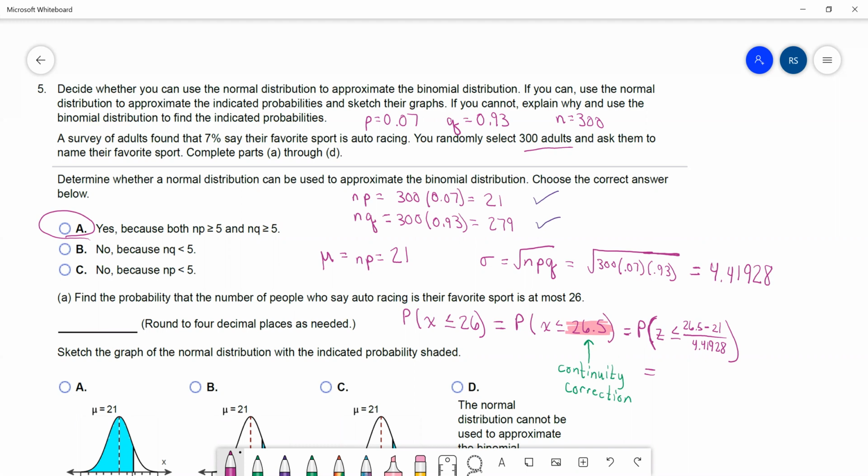So let's see what that gives us. That's going to be the probability that Z is less than or equal to 1.24, is what it looks like.